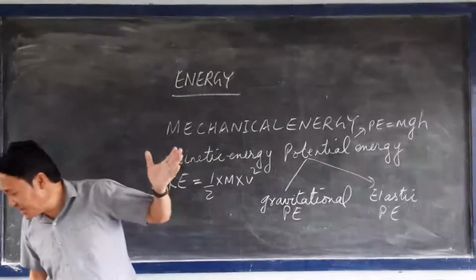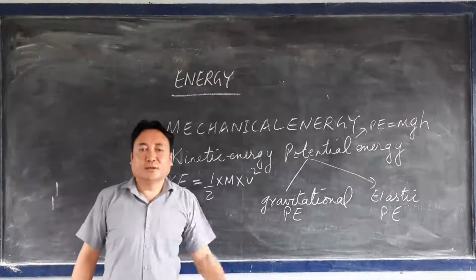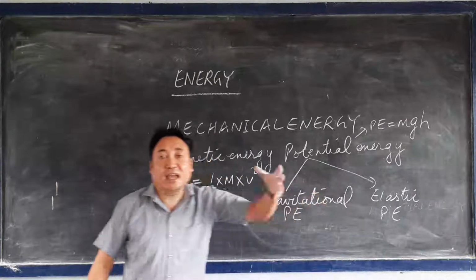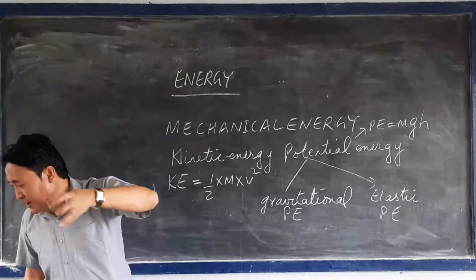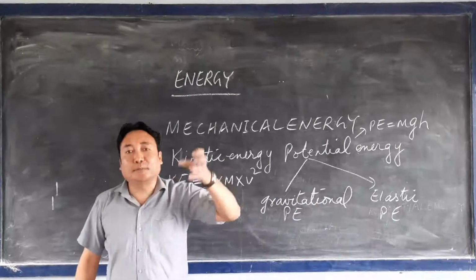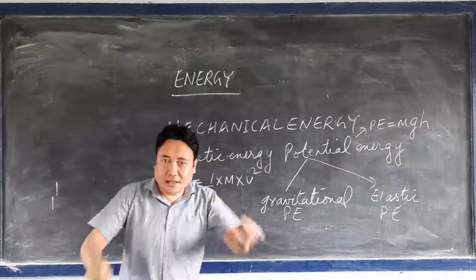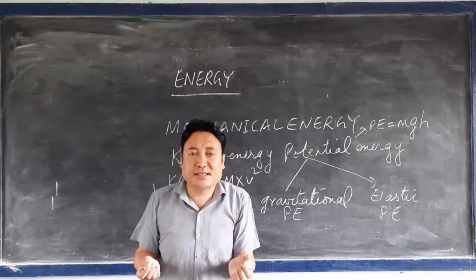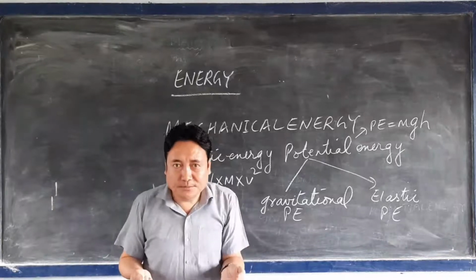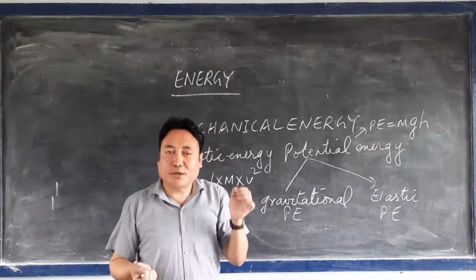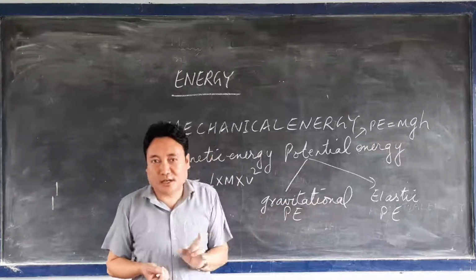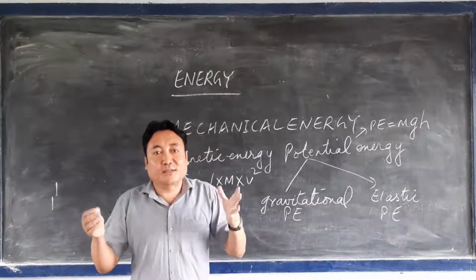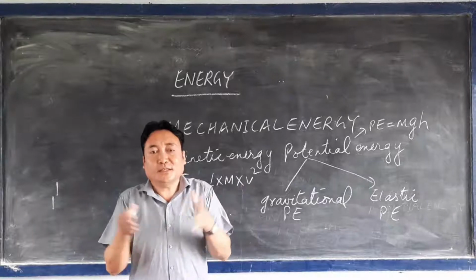So the next point is elastic potential energy. This elastic potential energy is the energy possessed by a body when the body is stretched, compressed or bent. Like I gave you the example of a bent bow. When the bow is bent, potential energy is possessed there, and that is elastic potential energy. When the spring is compressed, it becomes small.